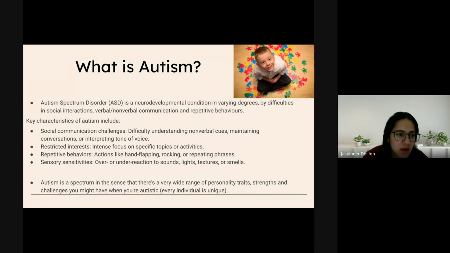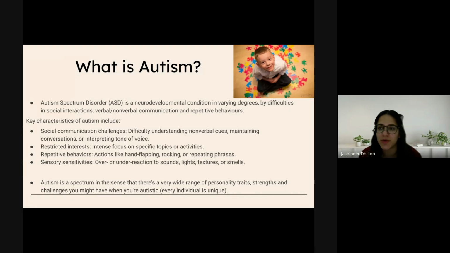The key characteristics are social communication challenges, so this could be difficulty understanding nonverbal cues, maintaining conversations, or interpreting a tone of voice. Restricted interests, which is intense focus on specific topics or activities. Repetitive behaviors, which are actions like hand flapping, walking, or repeated phrases. Sensory sensitivities, which is over or under reaction to sound, light, textures, or smells.